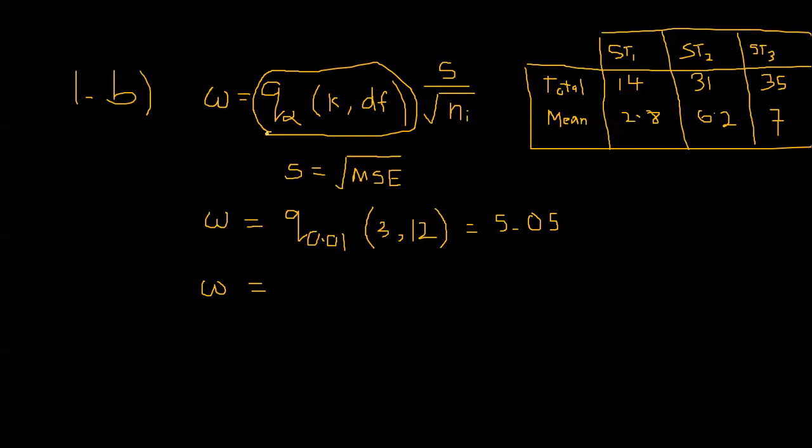The value of this one is based on the alpha and the degree of freedom. And when you refer to the Tukey table, you will get 5.05.